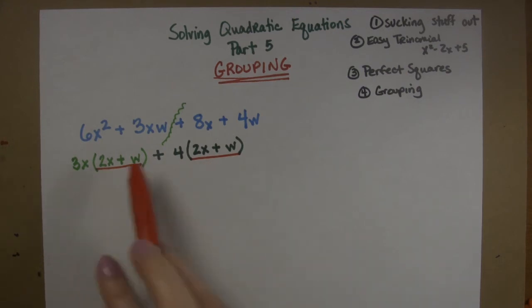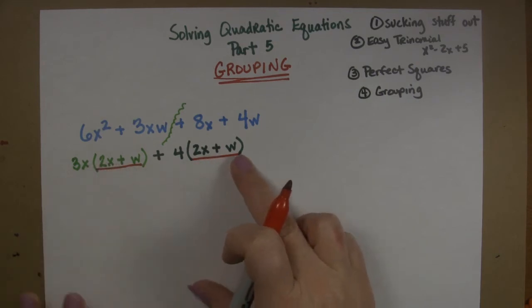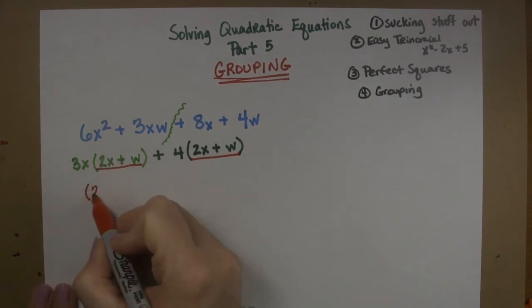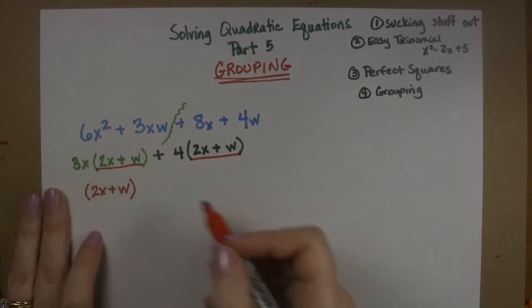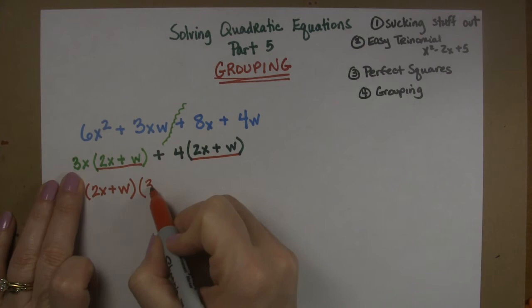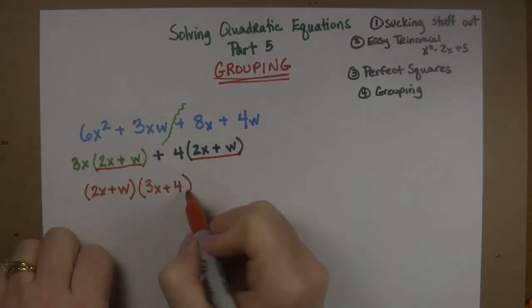So 2x plus w and 2x plus w are the same. So now I'm going to suck out again, except this time I'm going to suck out everything that's in parentheses. So I'm going to suck out 2x plus w, leaving me with 3x plus 4.